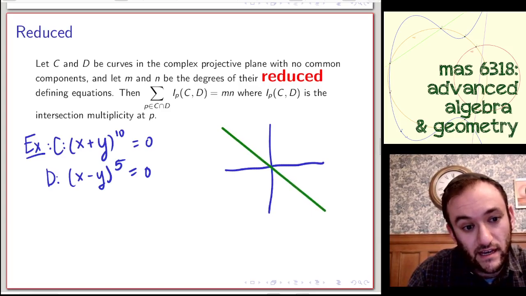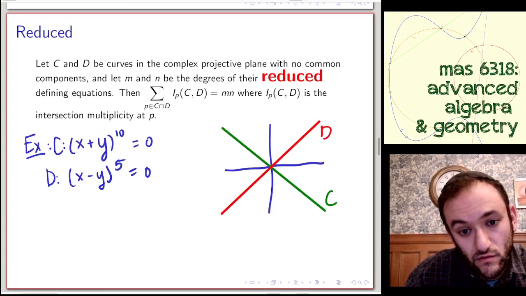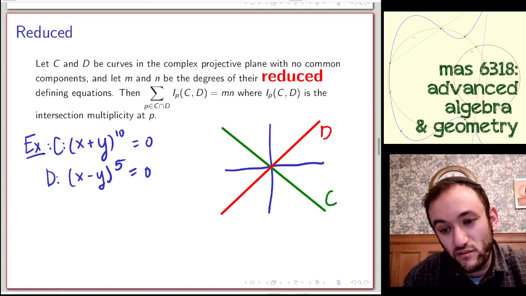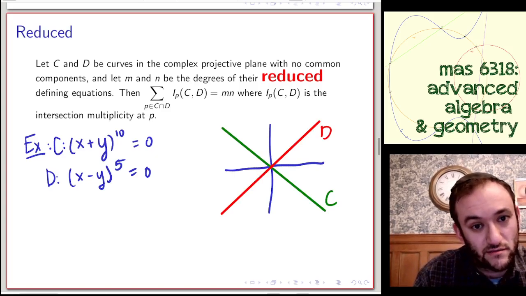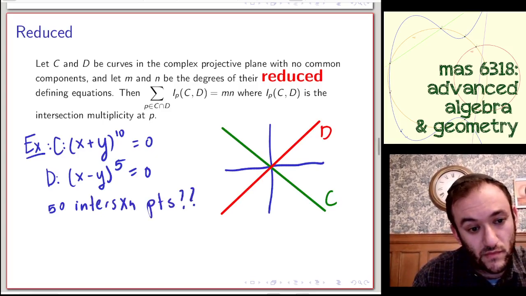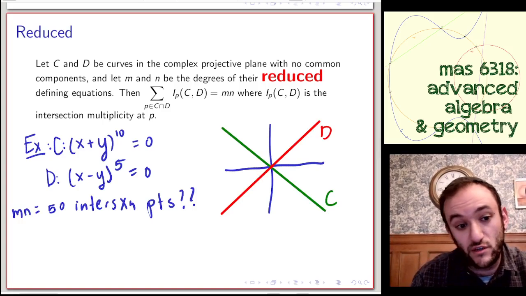That's the line corresponding to x plus y equals 0, that's C. And then to get D, we take x minus y equals 0. So really, it's a pair of lines, but Bézout's theorem would tell us that there should be 50 intersection points. That's what you would get if you were to take the product of the degrees.